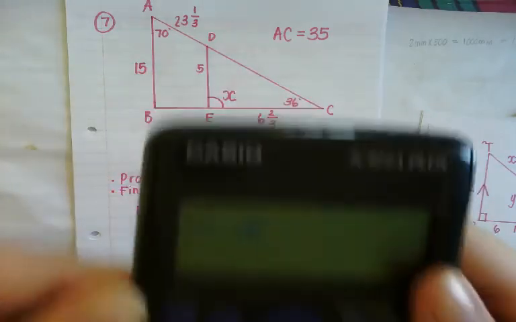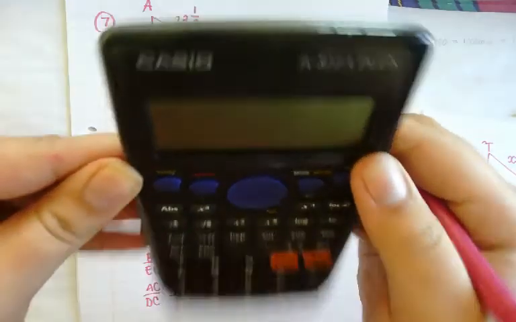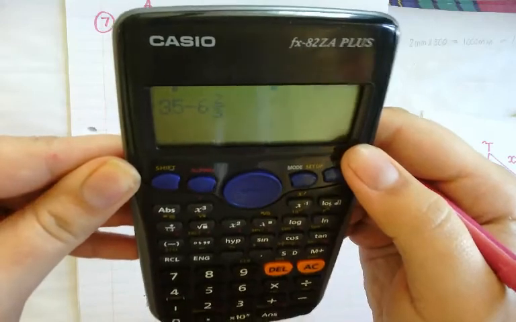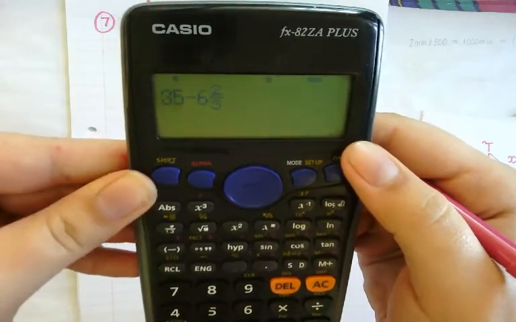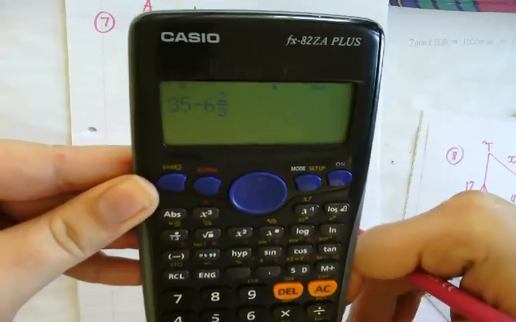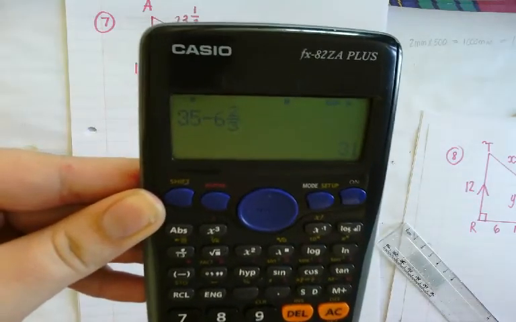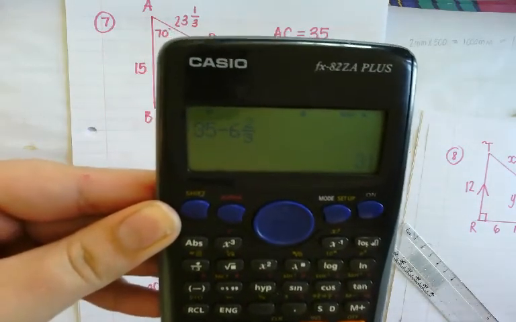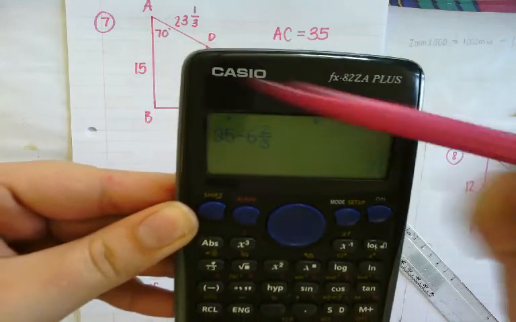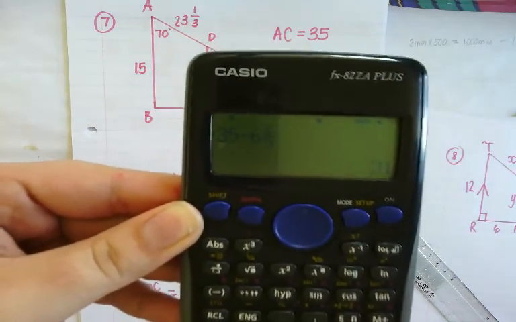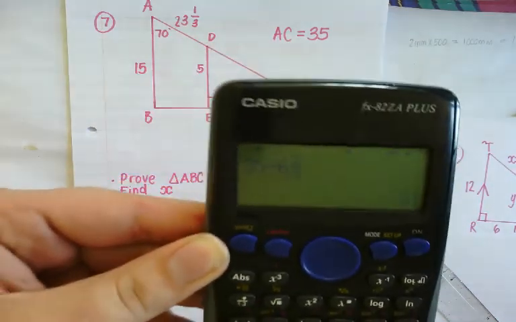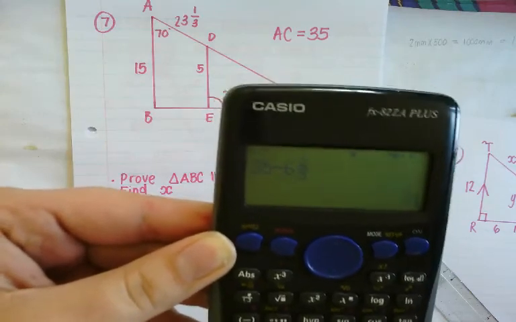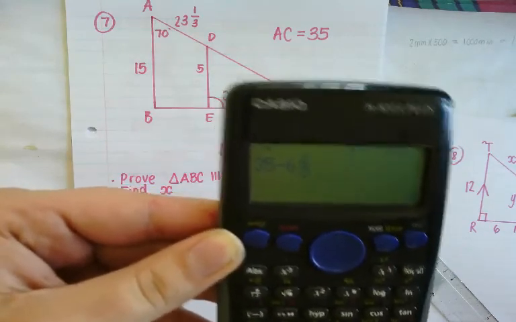Your calculator, I don't know if you can see that. Even though it looks like what's written on the page, the calculator doesn't actually see it that way. That makes no sense, does it? How can 35 minus 6 be 31? So please be very careful. Do not do mixed fractions on the calculator.